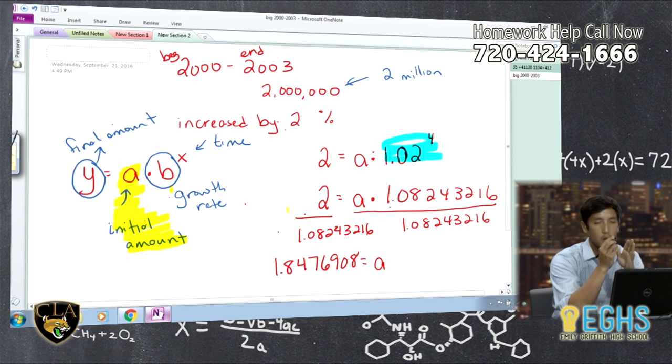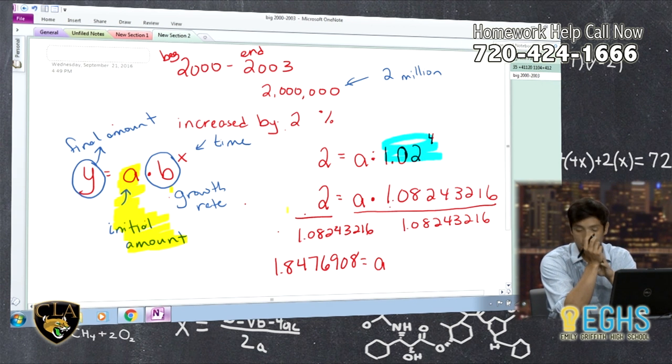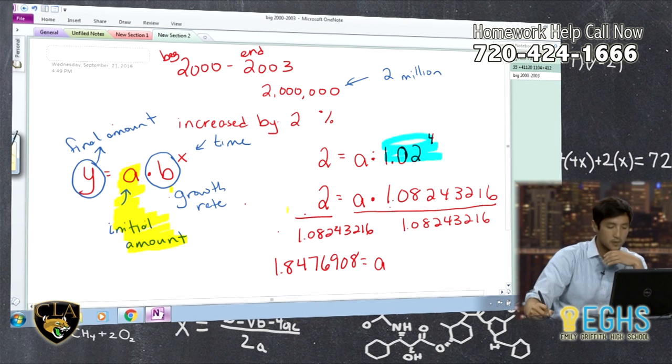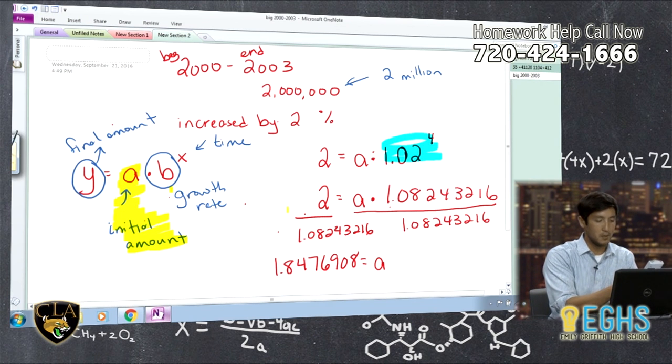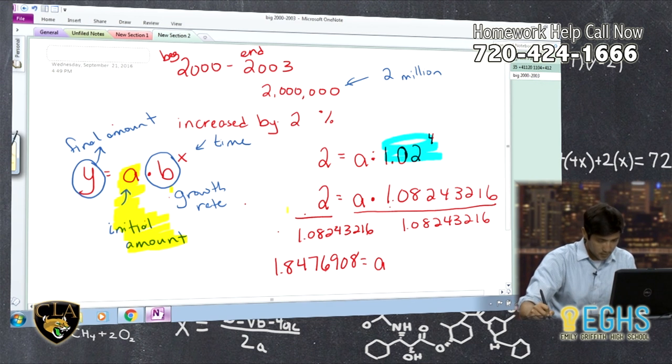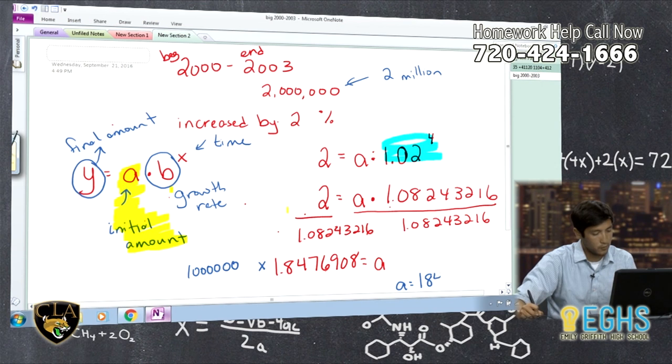But remember, we wanted to know how many people to the nearest, what, thousands? Millions? Nearest thousand. So what I'm going to do with this number is multiply it by 1,000,000. I multiplied this number by 1,000,000 in my calculator, and you're going to get a equals 1,847,690.